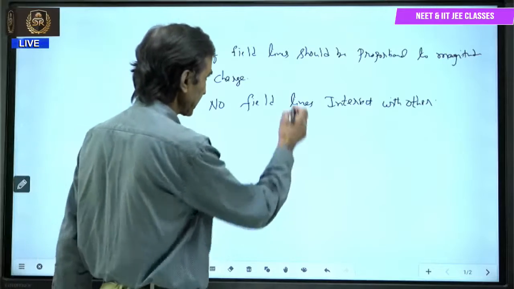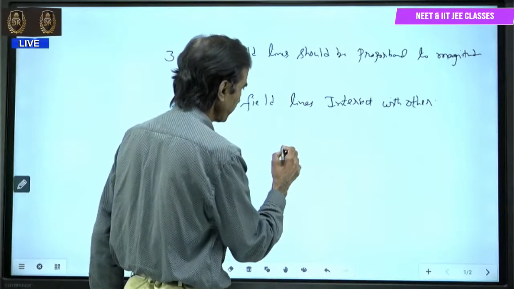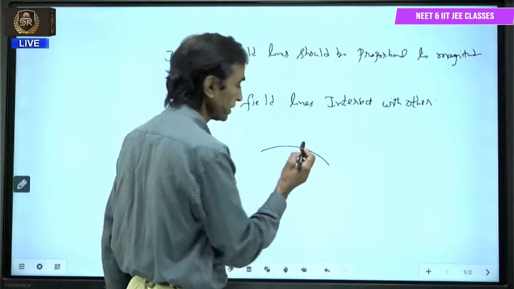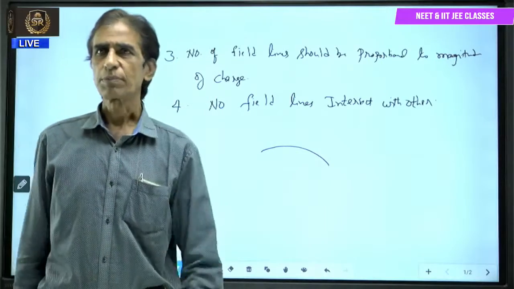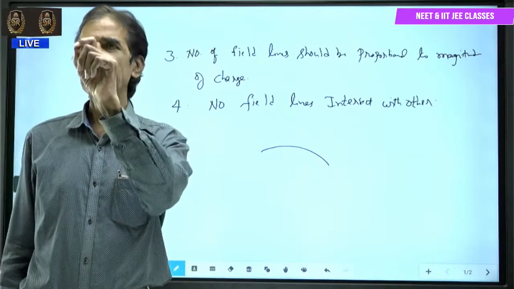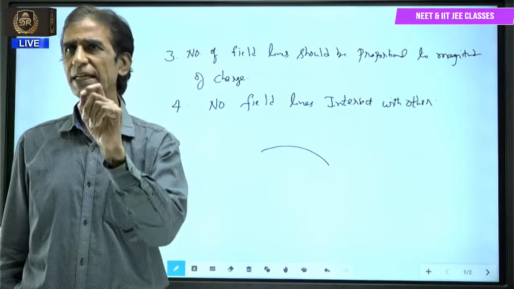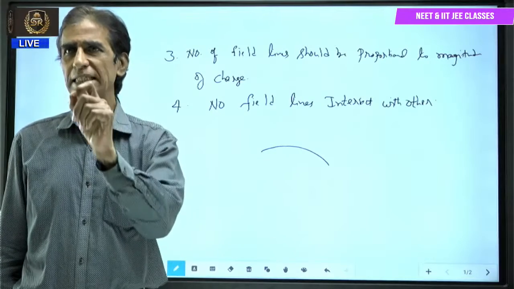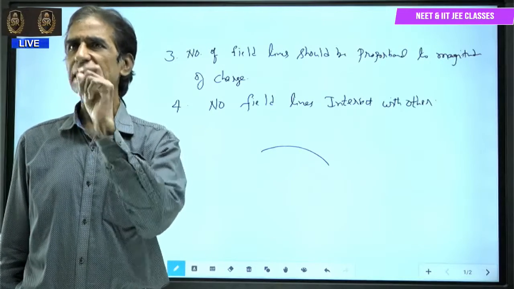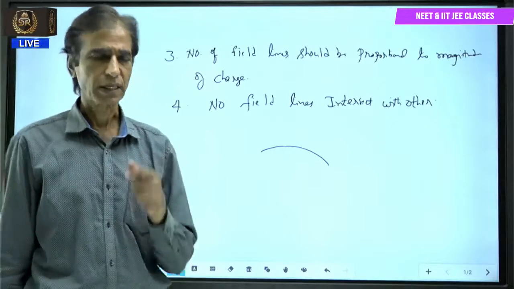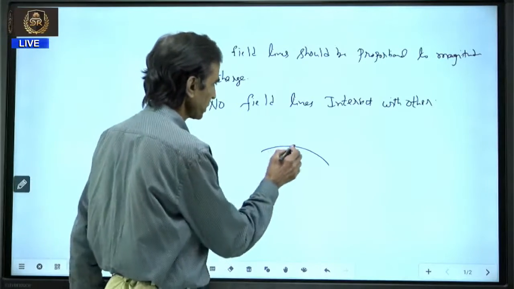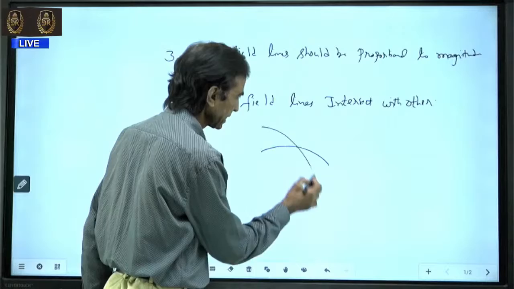Why should they not intersect? Just what I told you: if you draw a tangent at a point, then the tangent indicates the field direction at that point. Now, suppose there are two field lines intersecting with each other.